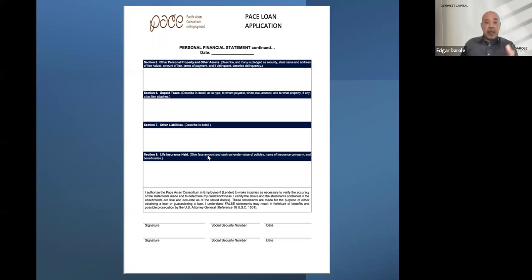You can just put IRS, payment plan, the amount, and the balance. Other liabilities, anything other than what you listed in the other sections. Then life insurance held: the insurance company, what type, whether it's term life or cash value, who it is, and the surrender and the face amount. And then, of course, the obligatory John Hancock right there.